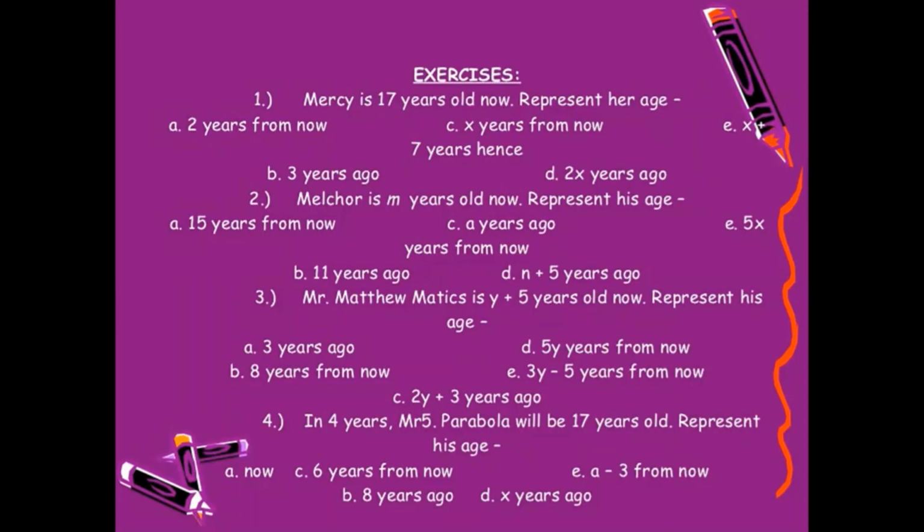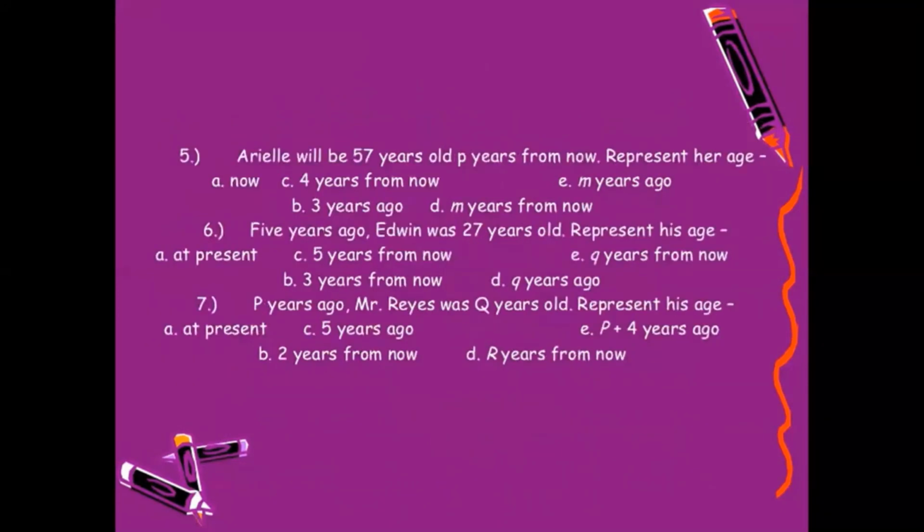Try to solve this one, and definitely you can come to the conclusion. There are only 4 problems. The last one is: in 4 years, Mr. Bella will be 17 years old. Represent his age. So A, B, C, D. If you have taken the screenshot of this, the last screenshot is this one, which is also 5, 6, and 7.